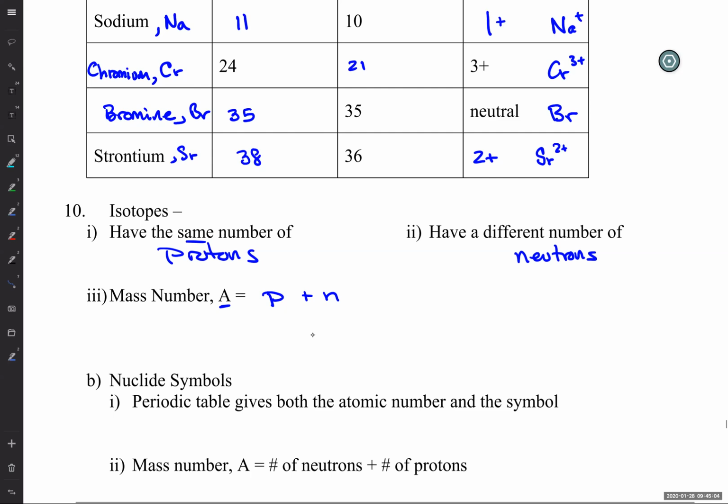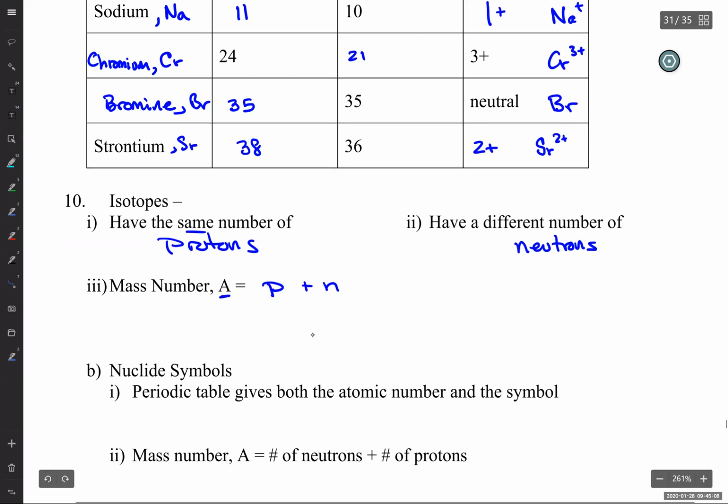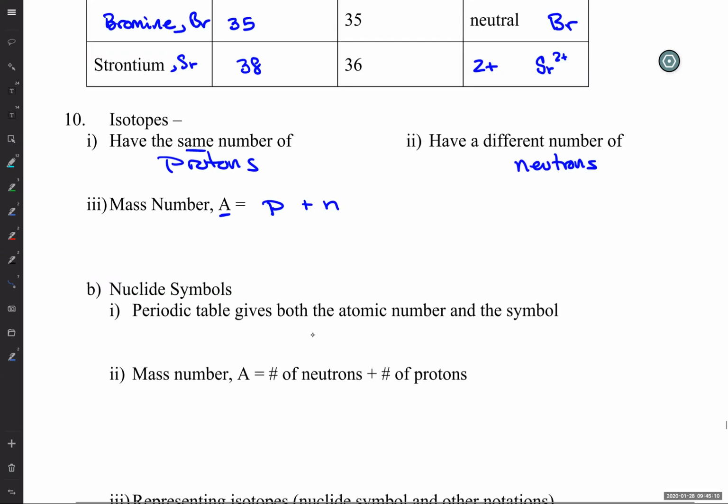The nuclide symbol is what I was kind of doing before. Let's write it for bromine with 35 protons.